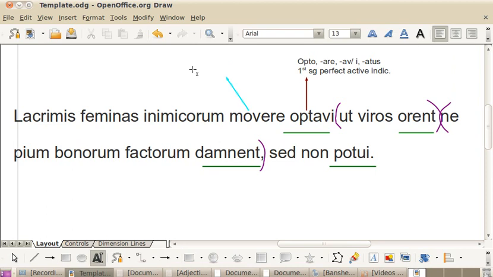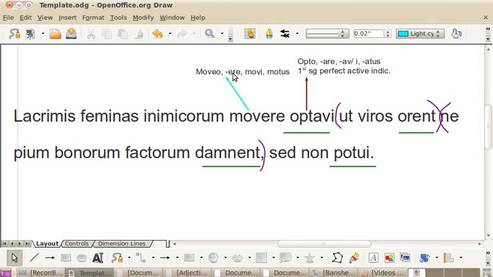And we go to our glossary, we look back into our working vocabulary, we see moveo, movere, movi, motus. So there are our four principal parts. It's a second conjugation verb, something that we can tell by going to the infinitive. There's the ere there.